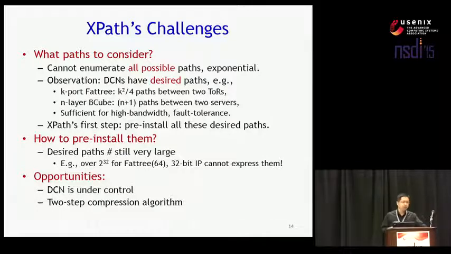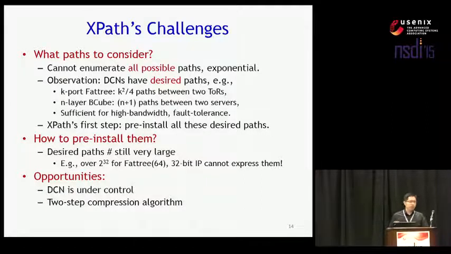Another challenging question is how to pre-install these desired paths, because the number of desired paths is very large. For example, in a fat tree built with 64-port switches, there are over 2 to the power of 32 paths between TORs. Even a 32-bit IP address cannot express all these paths.